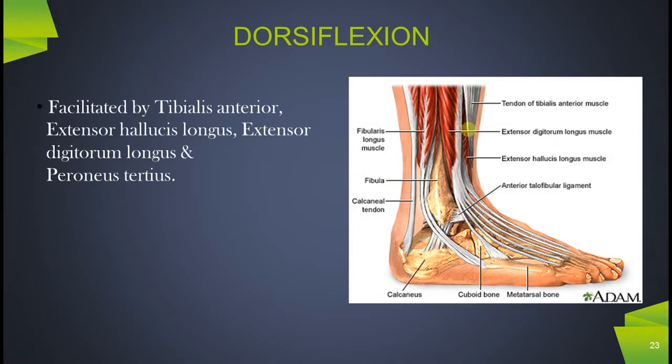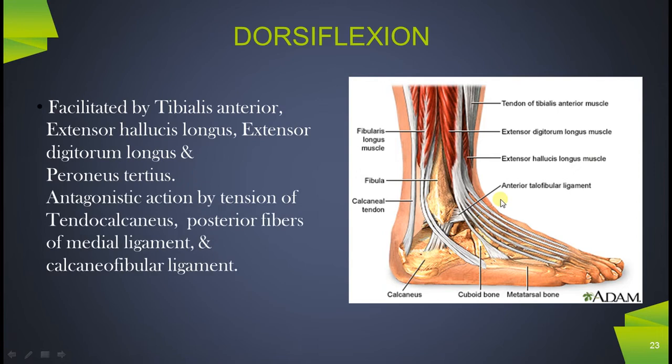The muscles producing dorsiflexion are tibialis anterior, extensor hallucis longus, extensor digitorum longus, and peroneus tertius. The opposite movement of dorsiflexion is checked by the antagonistic muscles, mainly the tension of the tendocalcaneus, and by the stretching of the ligaments, mainly the posterior fibers of the deltoid ligament and the calcaneofibular ligament.